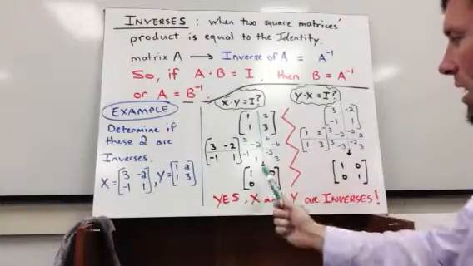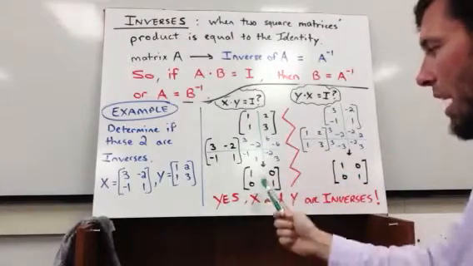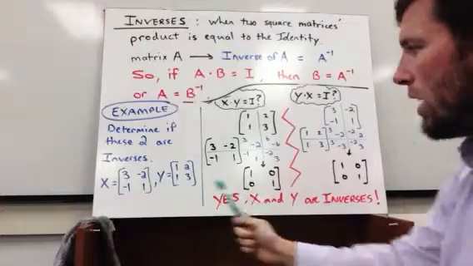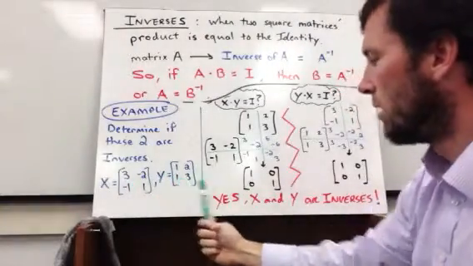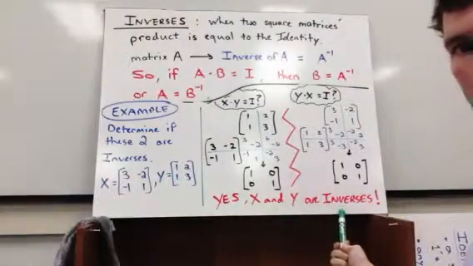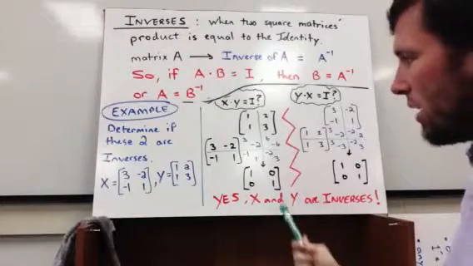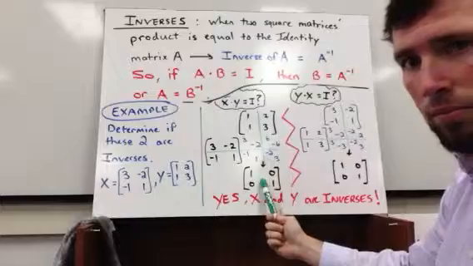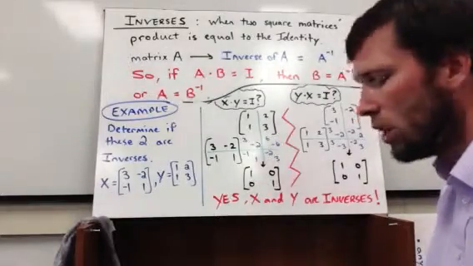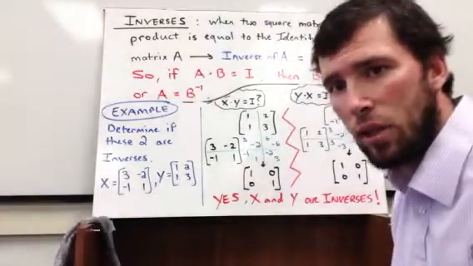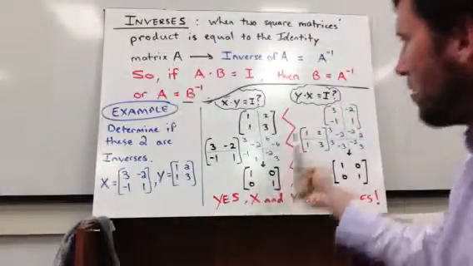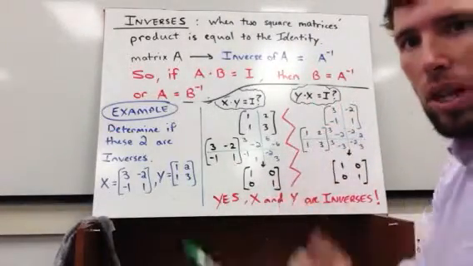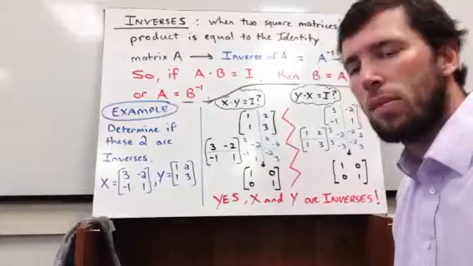So because they both come out to be the identity, I know that the original matrices X and Y are inverses. Okay? And remember what I said, if the first one you did was not 1, 0, 0, 1, then you would stop and say, no, they're not inverses. But because it did work, you had to do the second portion and flip the X and Y. Okay? Next slide.